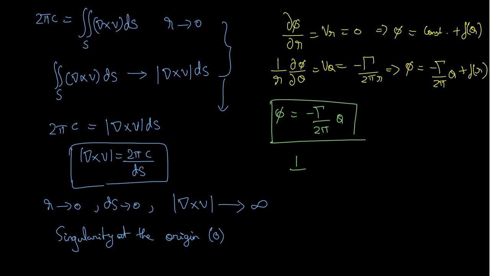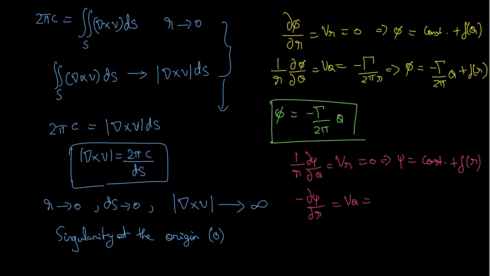You know that for the stream function, 1/r ∂ψ/∂θ equals v_r, which is 0. If I integrate this, I get ψ to be some constant plus some f of r. Similarly, for the other equation, minus ∂ψ/∂r equals v_θ, which is not 0.